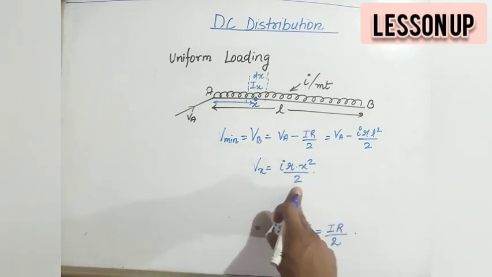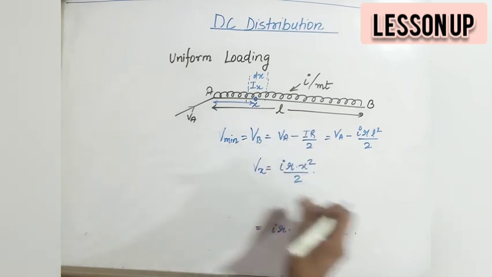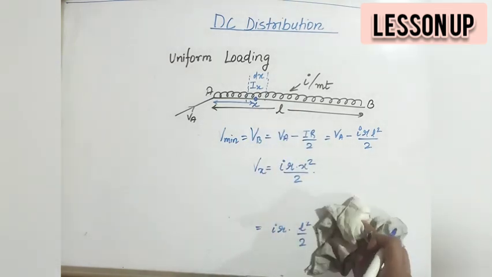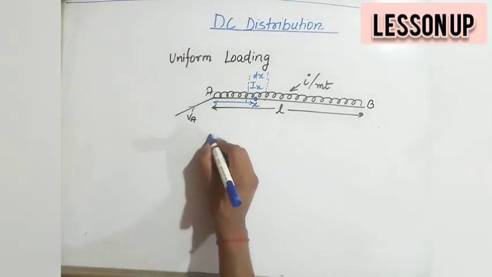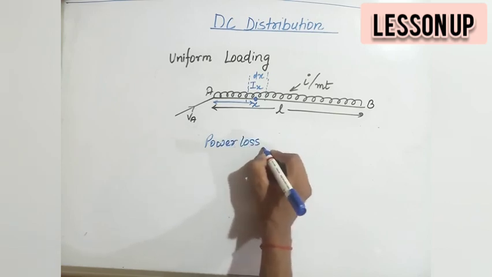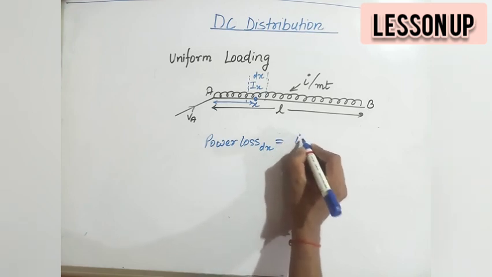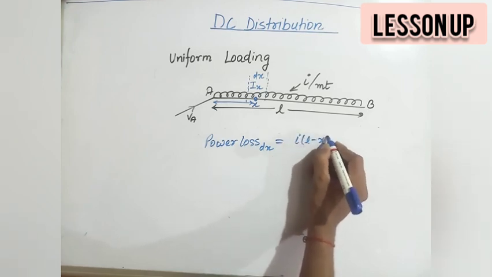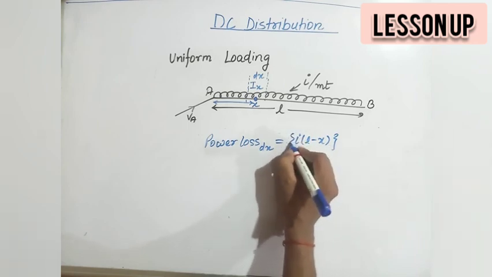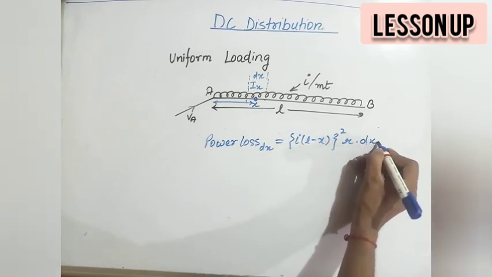What will be the power loss in strip dx? Okay, at this point what will be the power loss? So the power loss at strip dx is equal to I into L minus x square into R into dx.